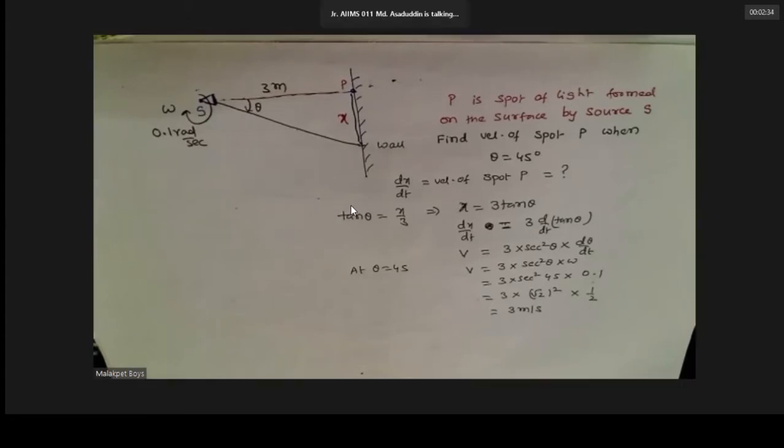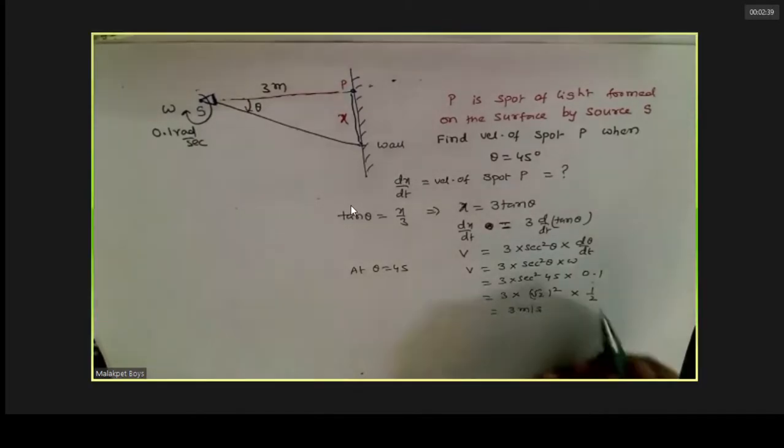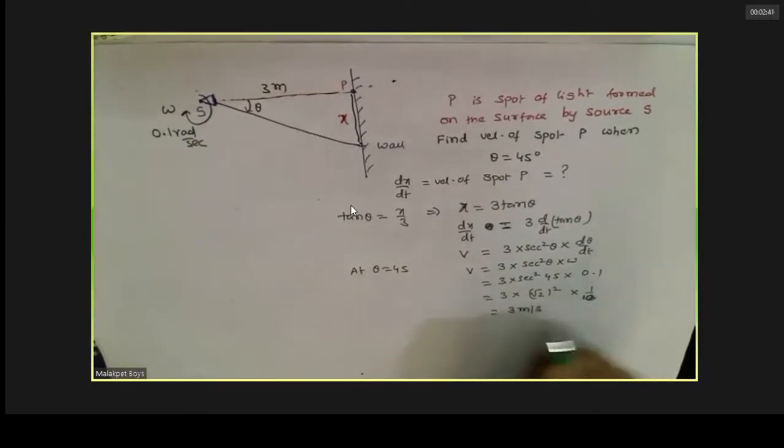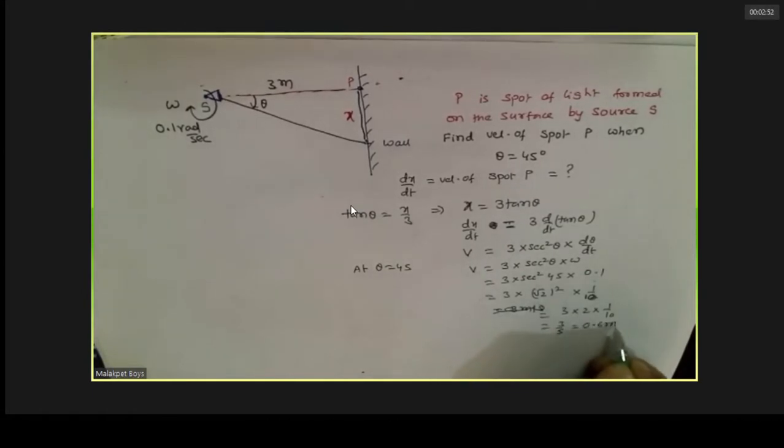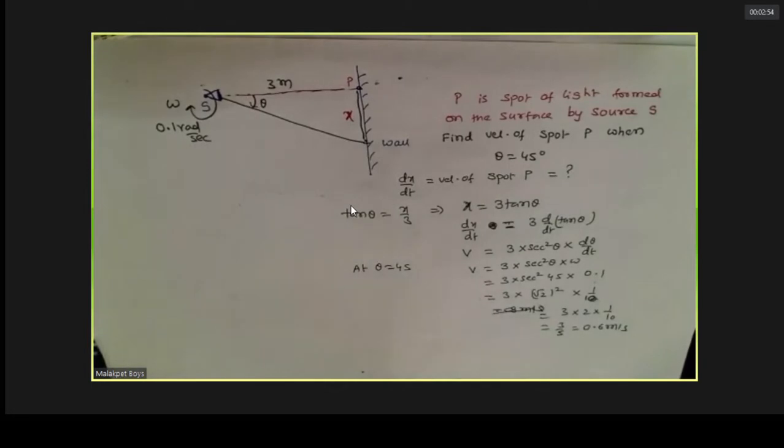Correct or no? This is 2. Now it is correct, no? Yes, sir.